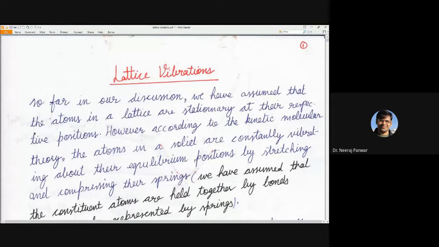With the help of this band theory of solids, we could explain why some materials should be conducting, others should be insulating, and we may have some materials which are in between conductors and insulators, and these materials are known as semiconductors.